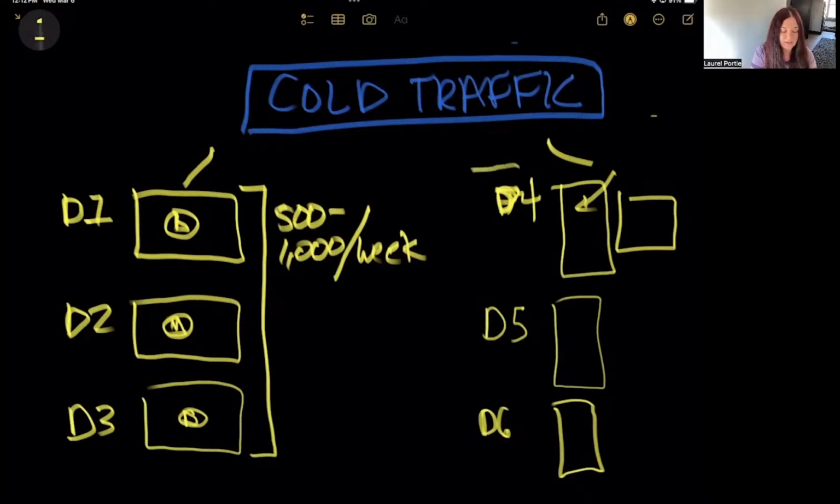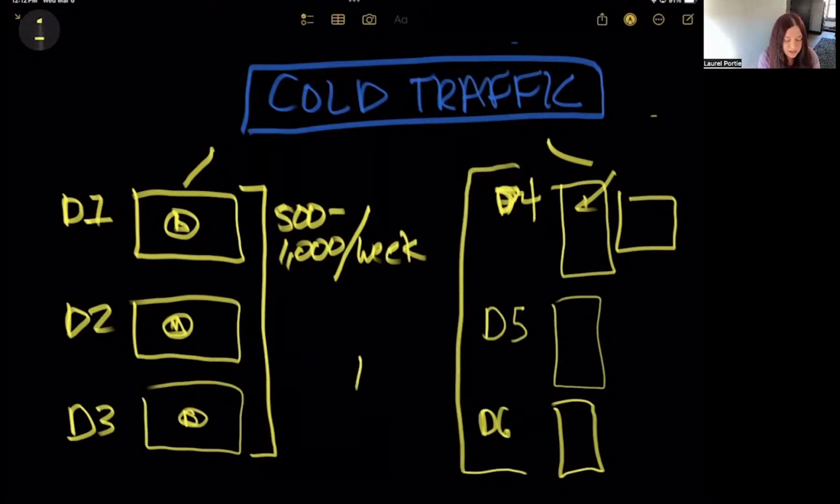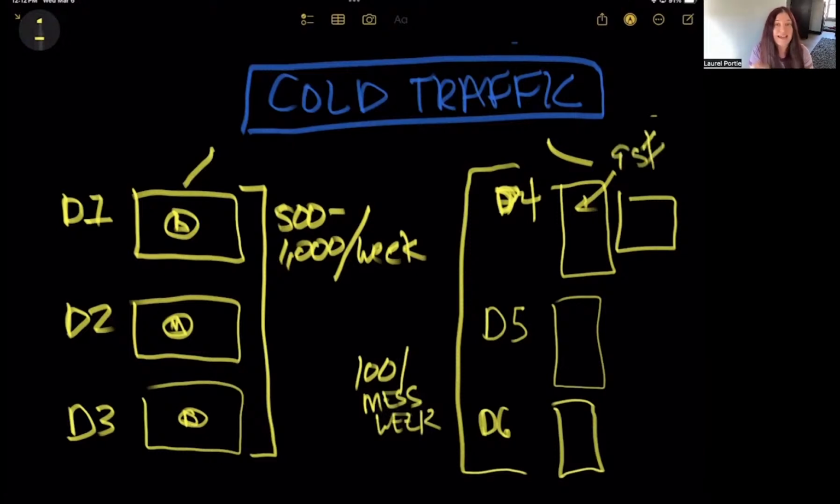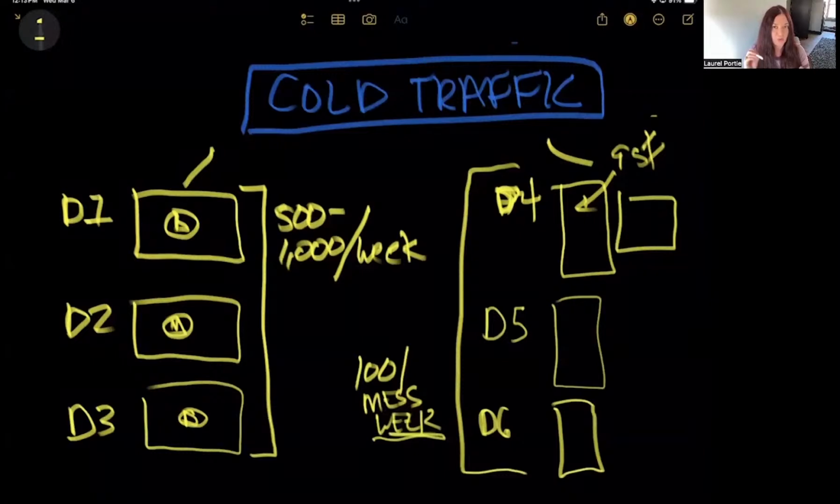Now, the job of the conversion multipliers is to get 100 messenger conversations a week, okay? Yes, you can build your invisible list with the 95% views, but the main job of conversion multipliers is to get 100 messenger conversations a week.